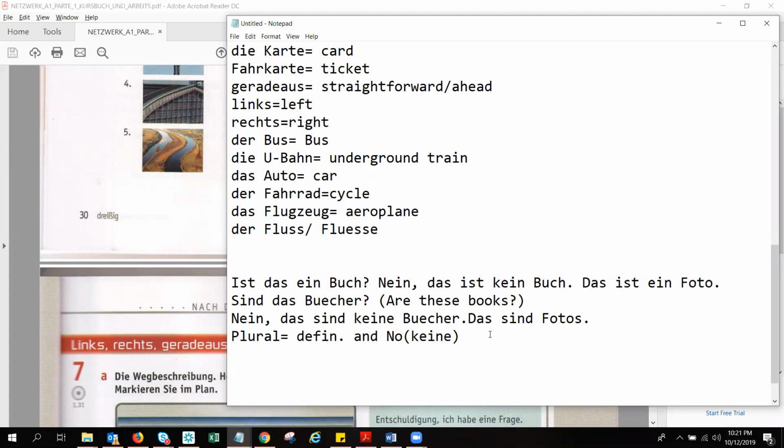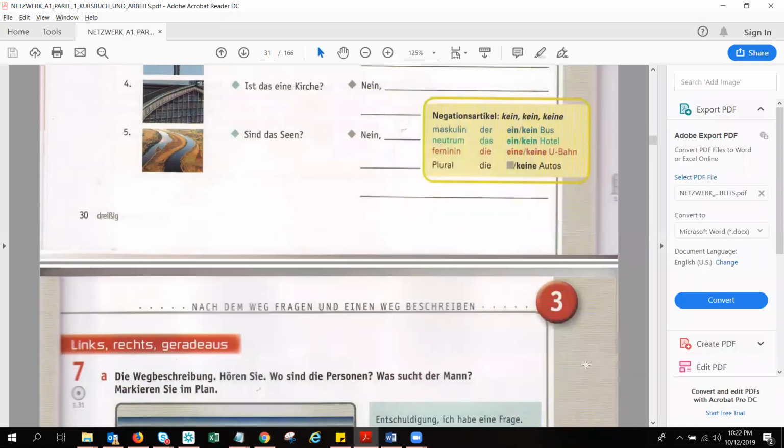But you cannot use indefinite article for plural. It's very logical that you cannot say these are a books, these are a photos. Is it clear? Yes. Okay, fine.